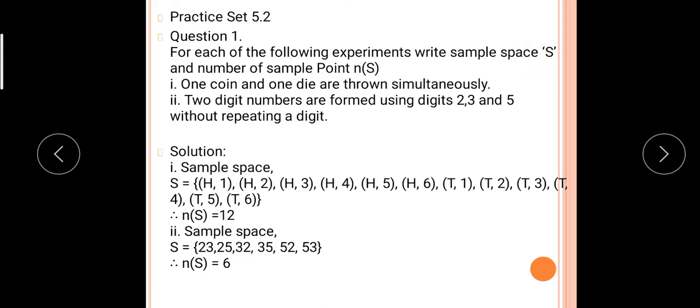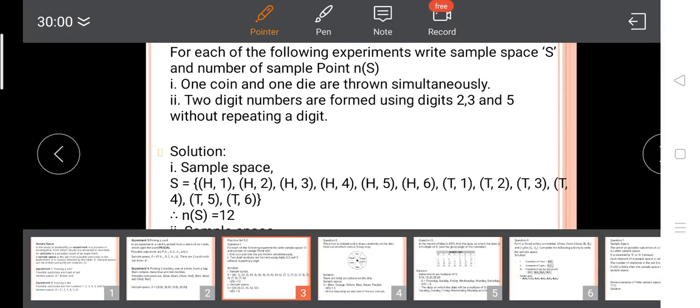One coin and one die are thrown simultaneously. Listen, at a time or simultaneously, the result is the same.